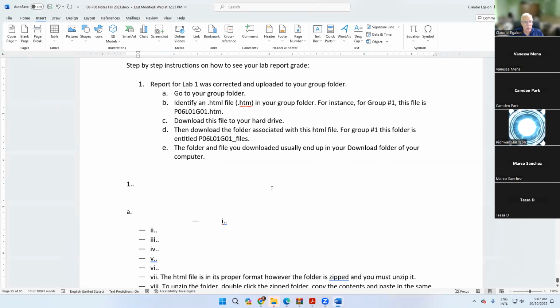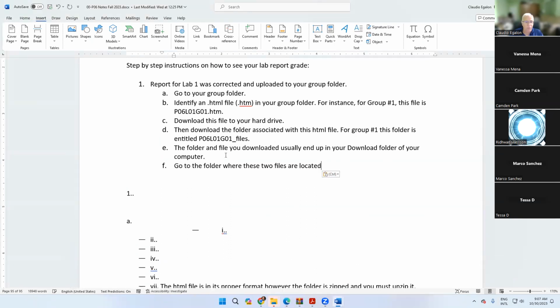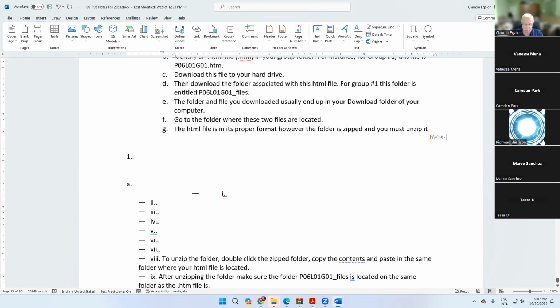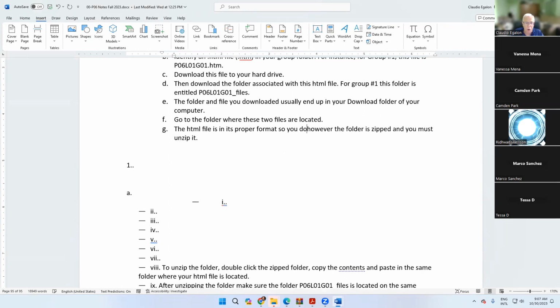Okay. Go to your download folder in your computer. Okay, the HTML file is already in the proper format. It's not zipped, so you don't have to worry about that. You don't have to do anything for now.